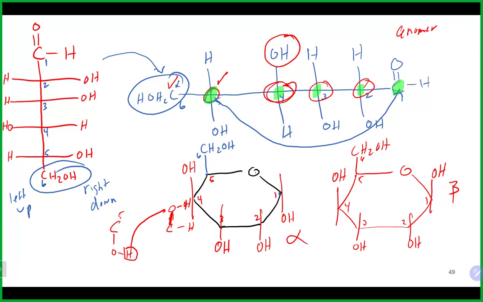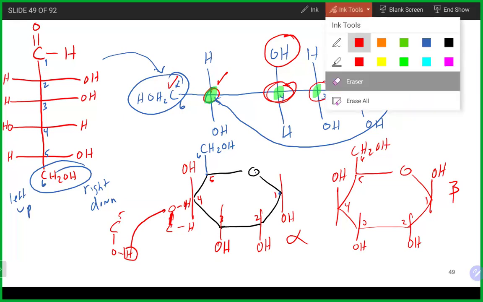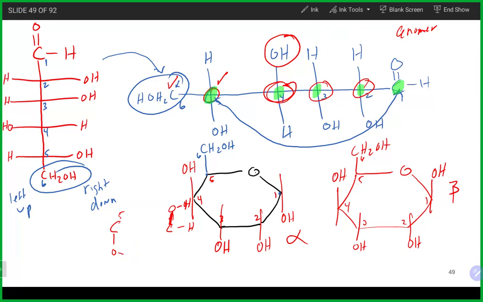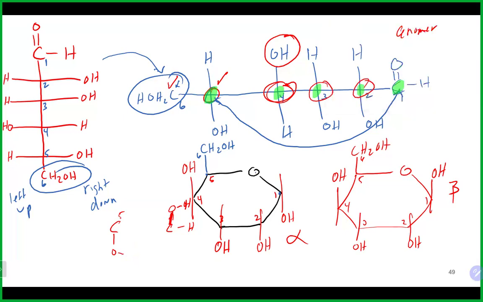The original number 5 losing the hydrogen becomes negatively charged. That allows it to be attracted to our carbon, which is positively charged, and that's how they close in that ring. And that's how we get our hemiacetal that we were talking about here.